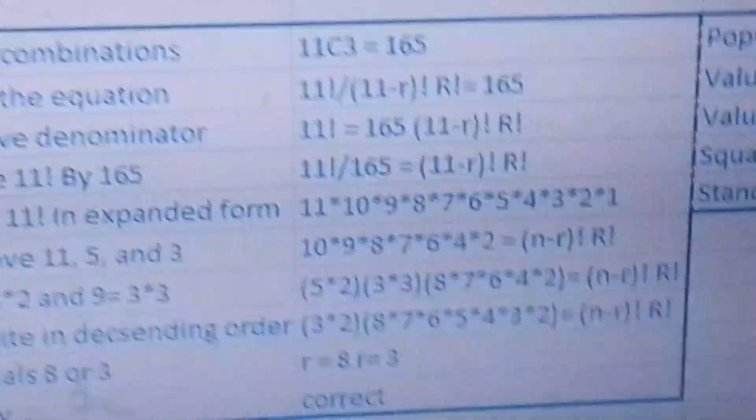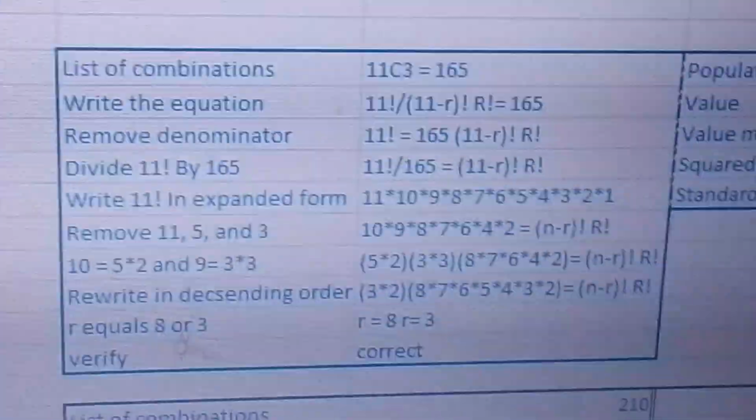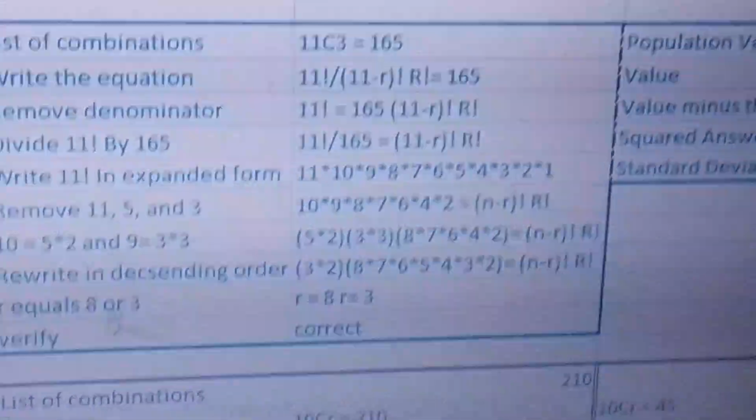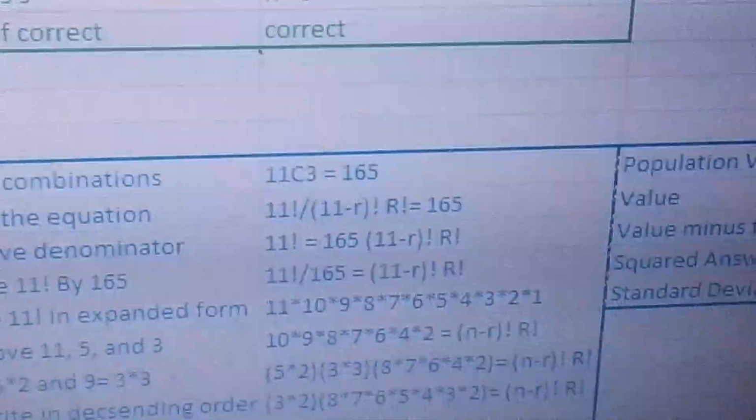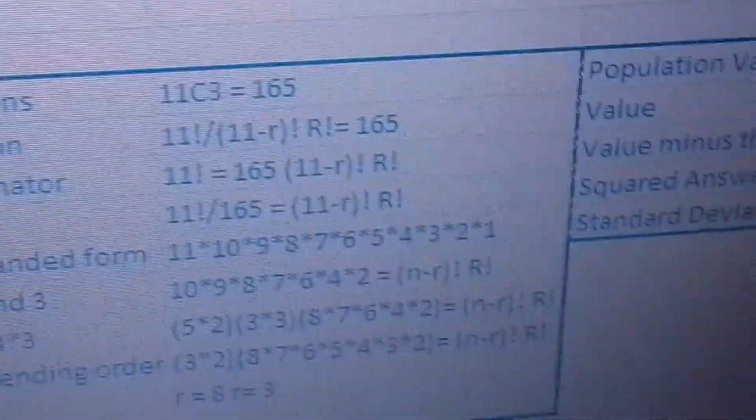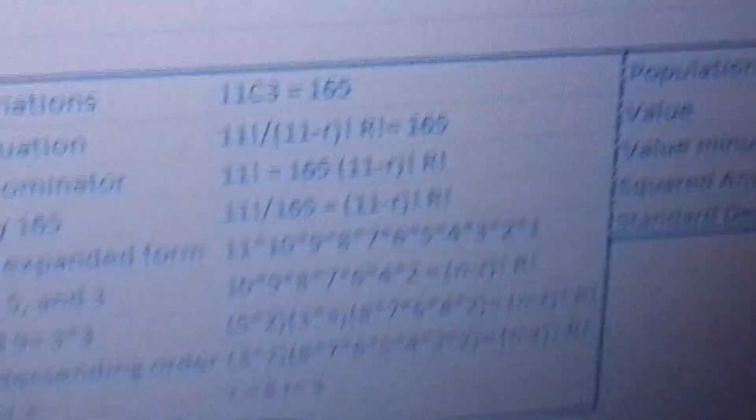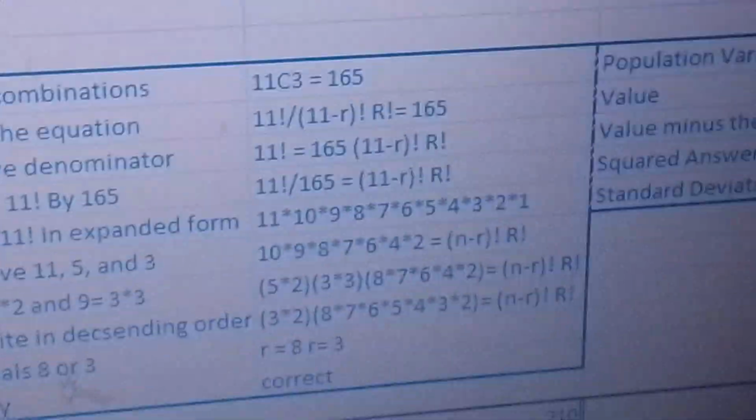Now, looking at my solution sheet in the laptop, ito na yun. Okay, so there's the solution sheet as you can see here. So we list down all the possible combinations. 11C3 is equivalent to 165. So we have 11 factorial divided by 11 minus r factorial times r factorial to give me 165. So what I did here, I bring the denominator upstairs.